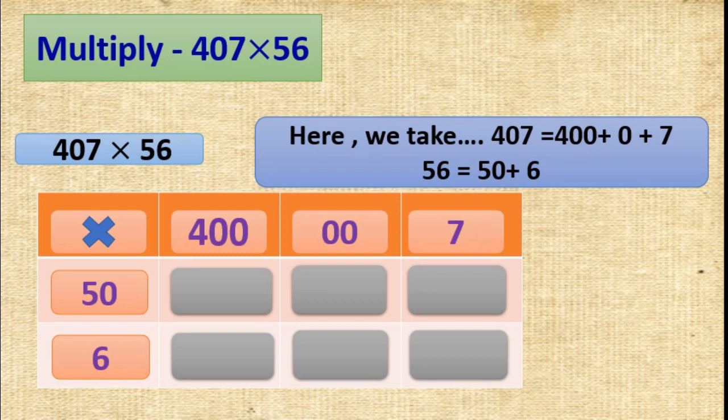Okay, first 5 sevens are, or 50 into 7. So 5 sevens are 35 and one more 0, that is 350. Correct? Now in the second, 50 multiplied by 0 is nothing but 0. Here 50 multiplied by 400, that is 5 fours are 20 and 3 more zeros.